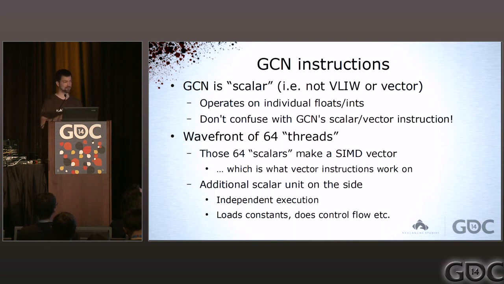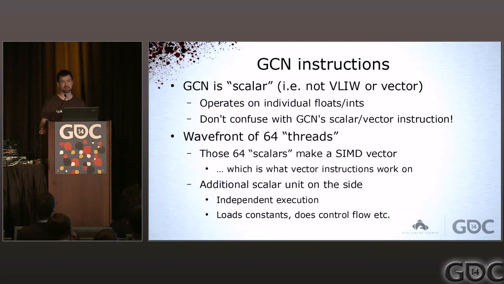But if you take a bunch of threads together, all these scalars together become a very long SIMD vector. That's what's called a vector instruction. And the scalar unit is a shared unit on the side that does things that are for all of these units together, for the whole compute unit.